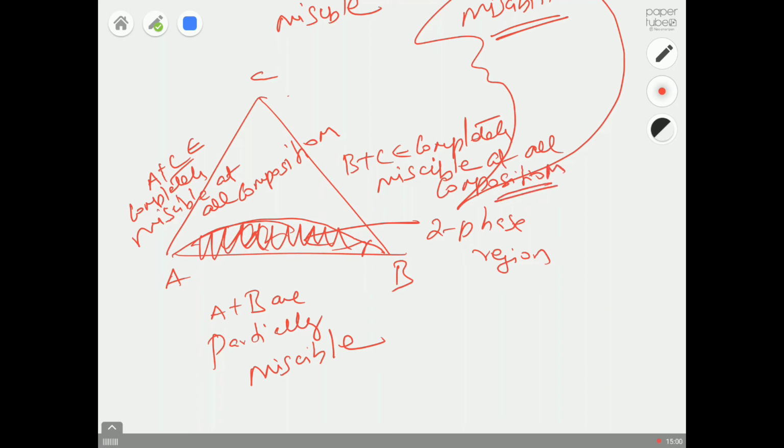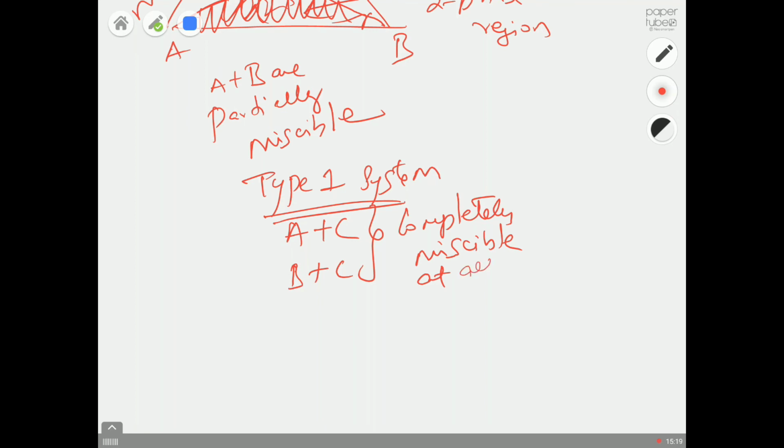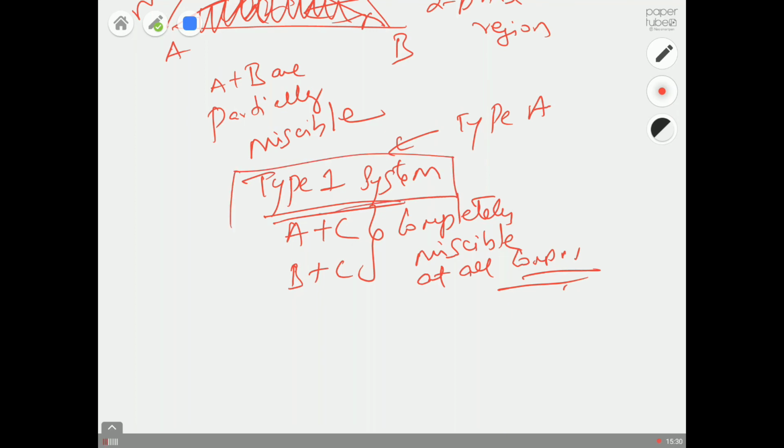This type of system we call a type 1 system. Few books call it a type A system. I prefer to use type 1 system.